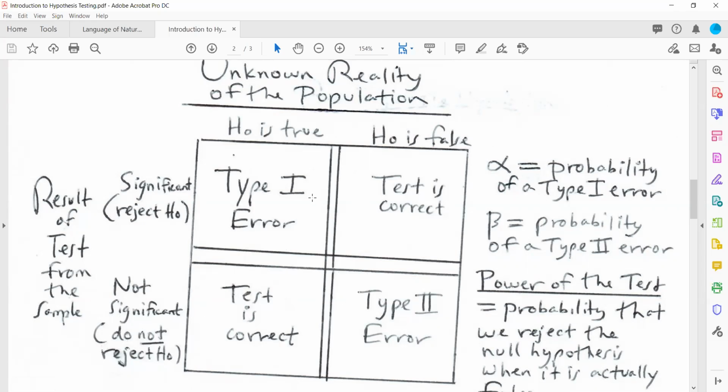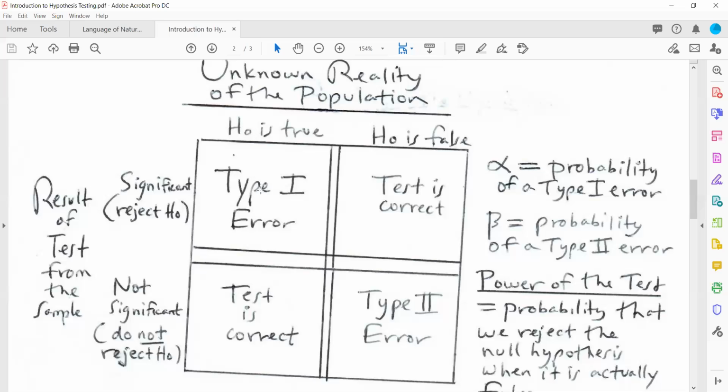Now, going back to that example with COVID, suppose the null hypothesis is that you do not have COVID, and the alternative hypothesis is that you do have COVID. If you reject the null hypothesis, which means the test shows that you have COVID, but you actually don't have COVID, that's an error. That's what's called a false positive.